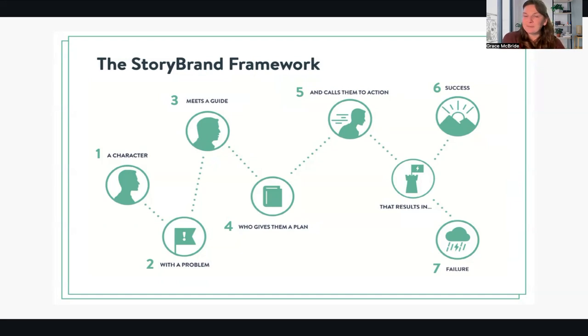So, if you have ever seen the movie The Hunger Games, you will know that Katniss is our main character. She has a problem. She's had to volunteer to become a tribute in the upcoming Hunger Games. She meets a guide who is Haymitch, her sponsor, her tribute and guide. And the plan he gives her is you need to go out there and somehow win over sponsors who will help you win the games.